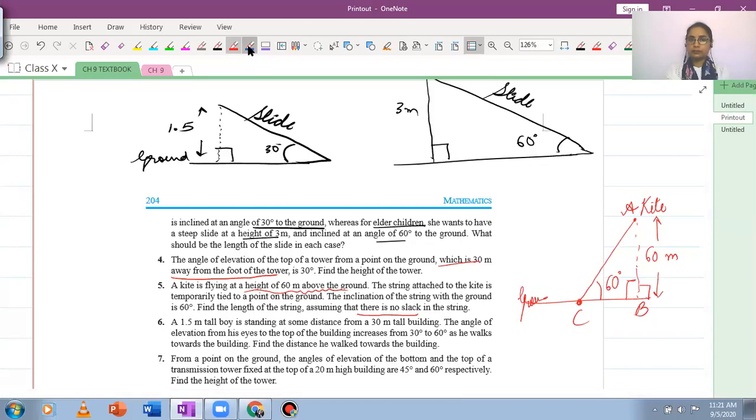You want to find out the length of the string. So you're going to use the side AC and you're going to use the side AB.